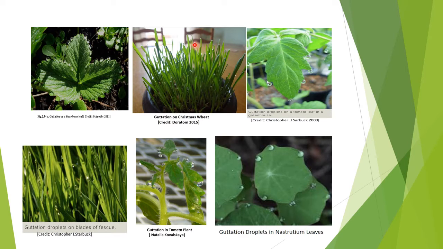Or in case of the tomato plant, you'll find the droplets at the margins, because in monocots you will find them at the tip, while in dicots it will be on the margins because there is reticulate venation. Here in grasses, in wheat, rice and other plants it's taking place. In case of tomato it is taking place. This is the nasturtium, where you will find prominent guttation occurring on the margins of the leaves. So these are some of the examples where you experience the process of guttation.